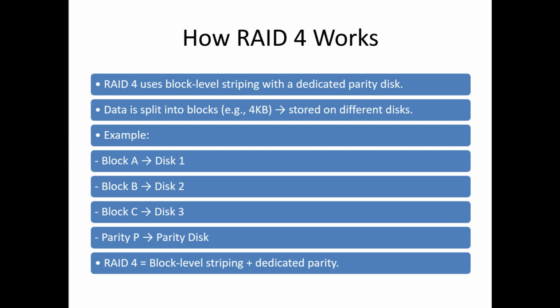And for these blocks A, B, C, there will be a parity calculated, A XOR B XOR C, which will be stored on the parity disk. So RAID 4 is block level striping with a dedicated parity disk.